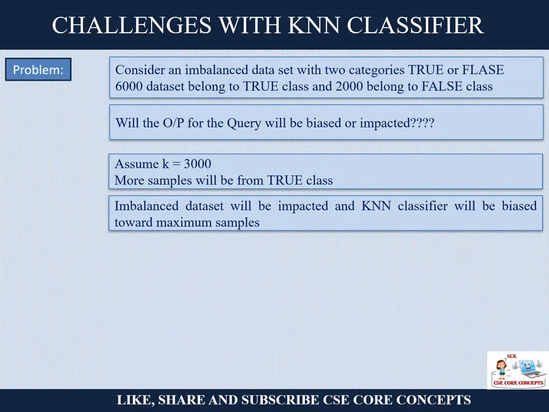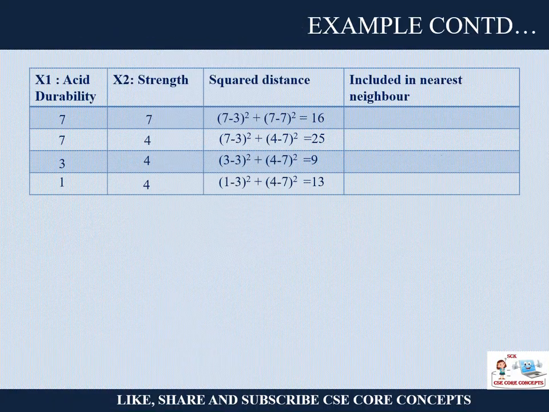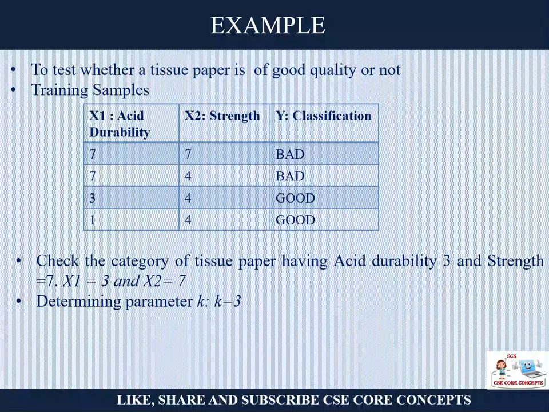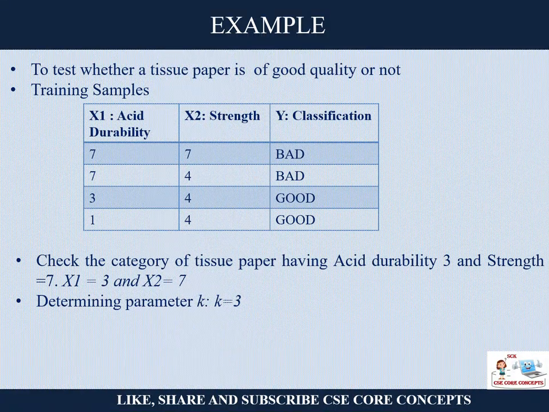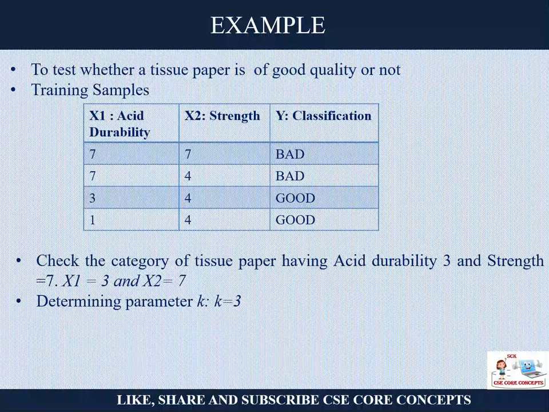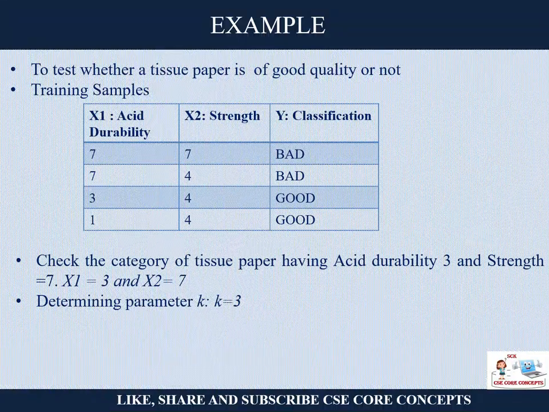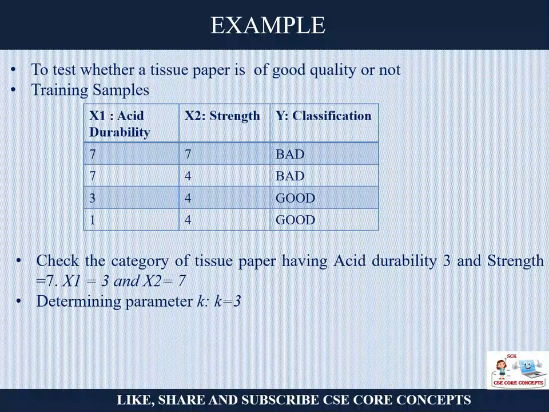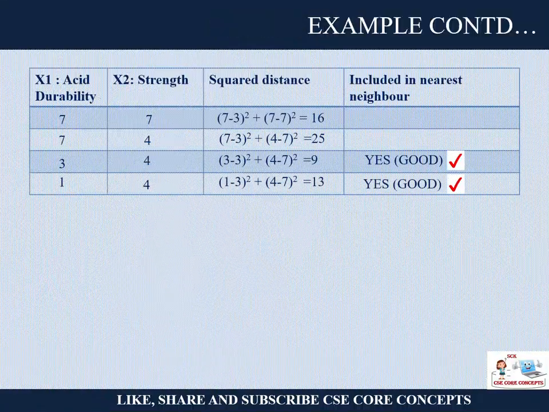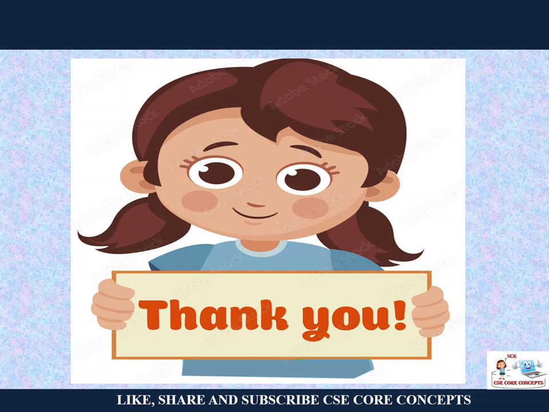So obviously an imbalanced data set will impact the KNN classifier and give you results biased towards the majority samples. In our example, it was a very balanced data set, 2 good and 2 bad classes. You can have 3 good and 2 bad, that is enough. But the difference of 4000 values between the 2 classes was quite huge, so that will obviously impact your results.